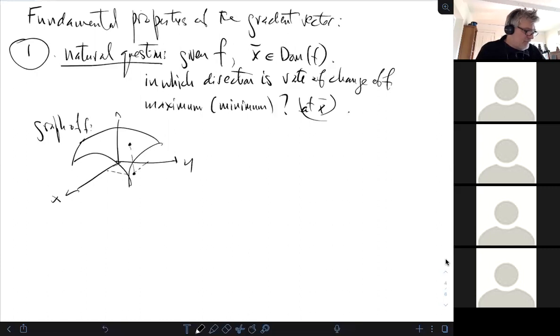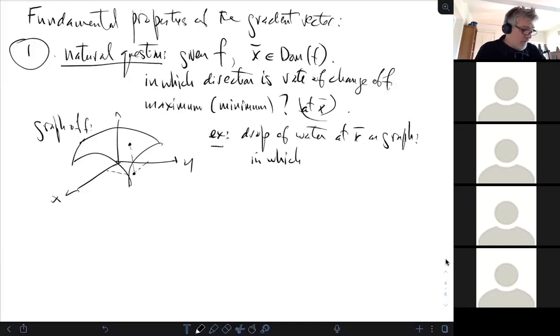Suppose that you have a drop of water that falls on the surface, on the graph, and I ask you in which direction it is going to start moving due to gravity. Right?